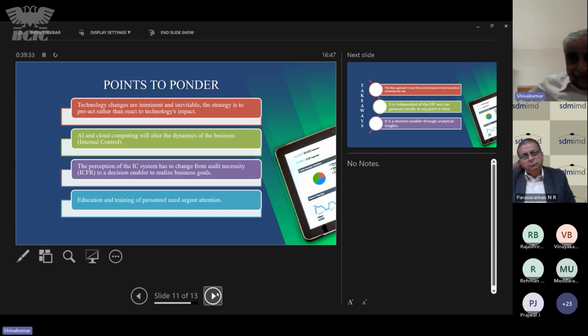But with the use of technology, internal control can be embedded as part of the transaction process itself, so that the risk coming out by way of exceptions can be plugged at the same point.